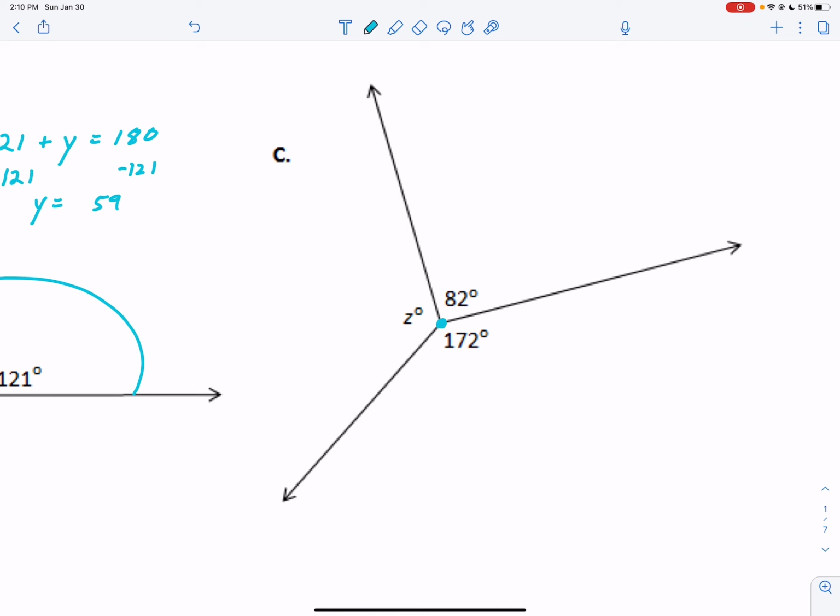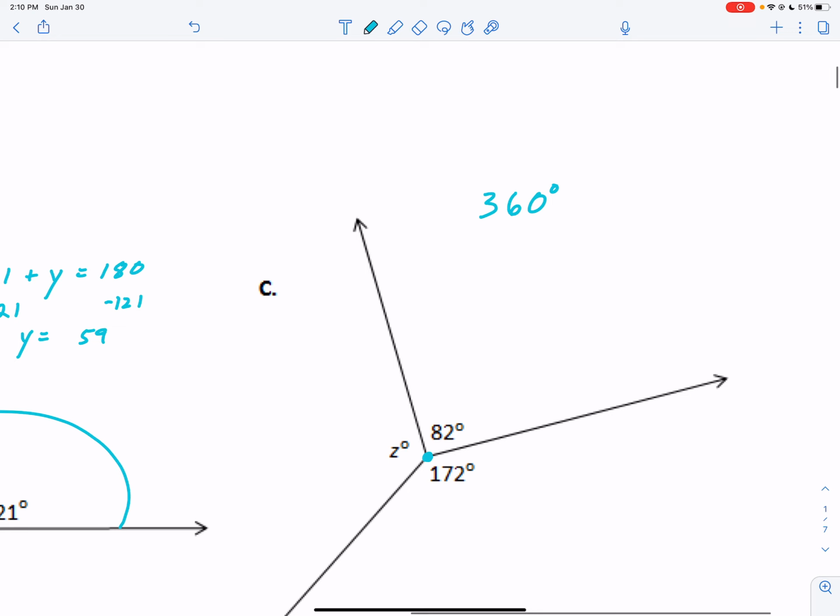So 360 degrees will be all of these angles added together. This is called, there's a lot of words for this, but it's the sum of angles around a point.